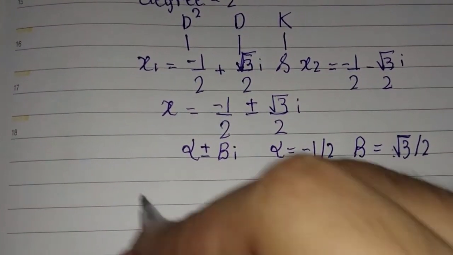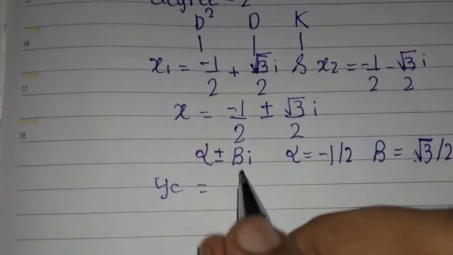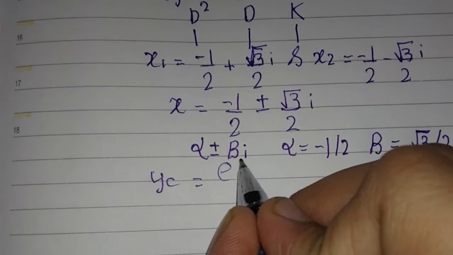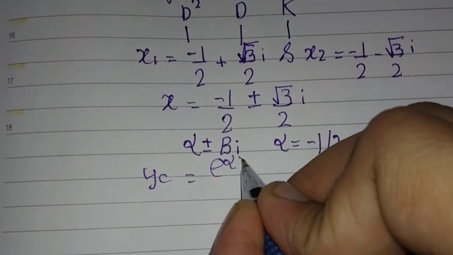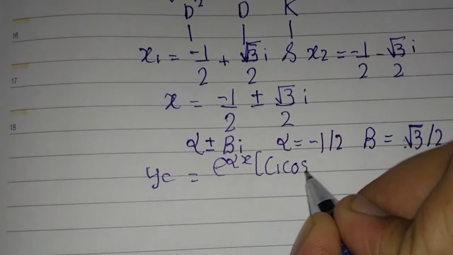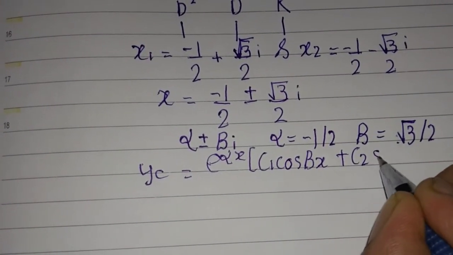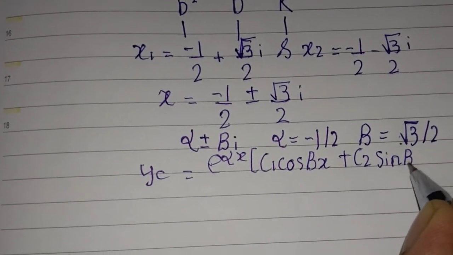So putting the same values in, yc is equal to e raised to alpha x, c1 cos beta x plus c2 sin beta x.